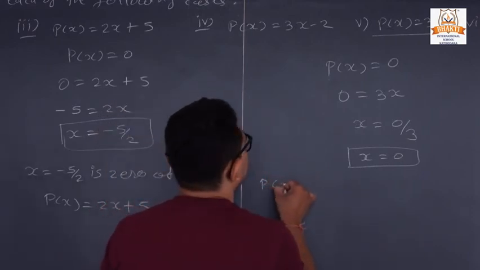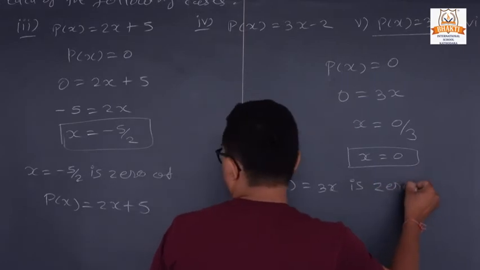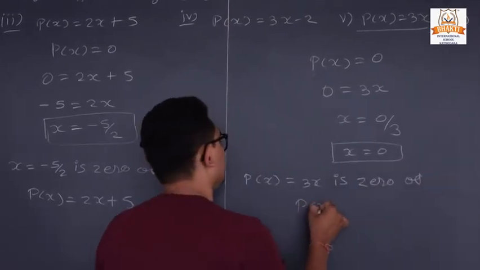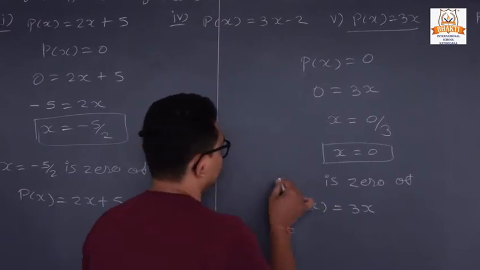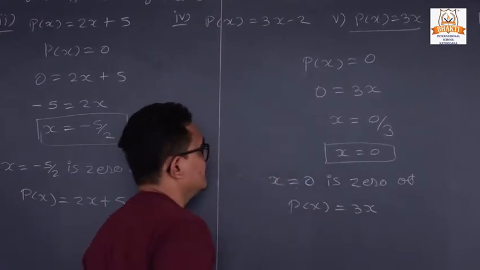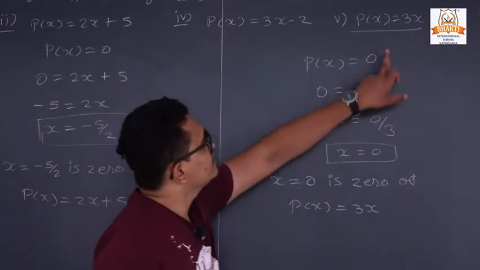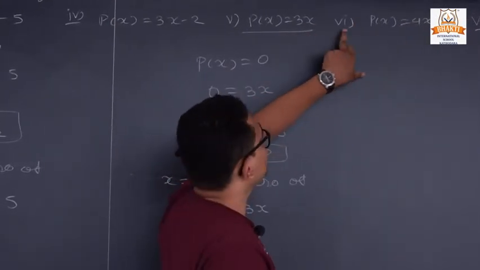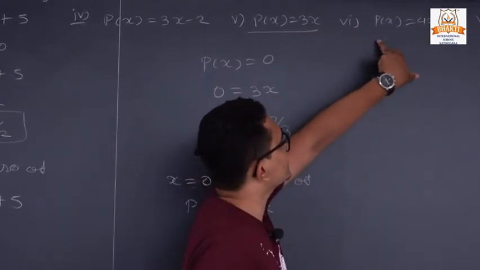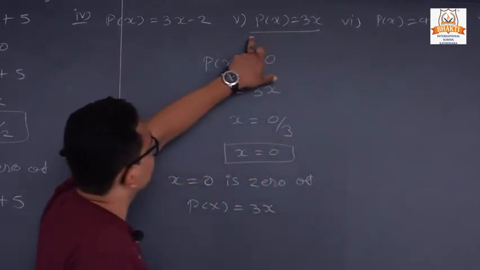So here we can write x is equal to 0 is a zero of p of x is equal to 3x. Second, it is the same as our question number 5. 5 and 6 both are the same. So once again you can just try at your home. The answer will be the same as our question number 5.